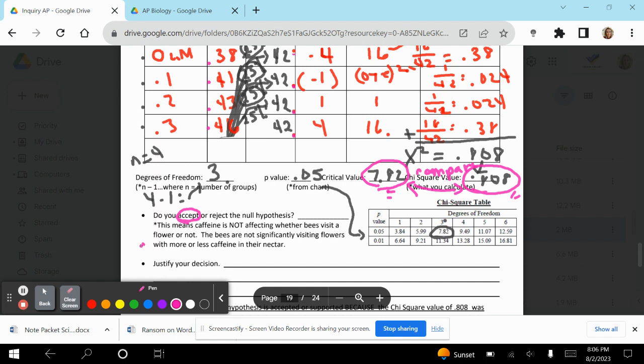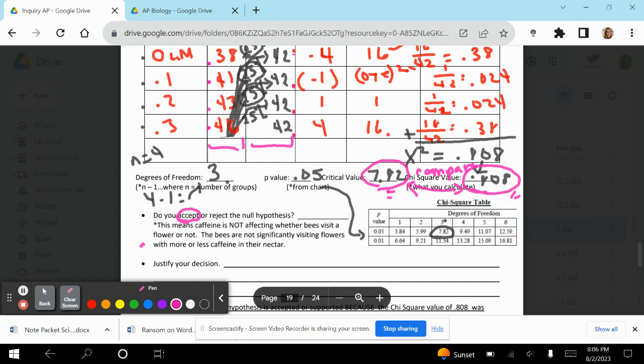When we started this experiment and you looked at these numbers, I indicated that a lot of people would say, yeah, it definitely looks like the bees are going to flowers that have more nectar. But when we accept our null that says these numbers are a good fit to this, that means the caffeine level is not affecting the number of visits. That just means that caffeine is not affecting the movement of those bees.